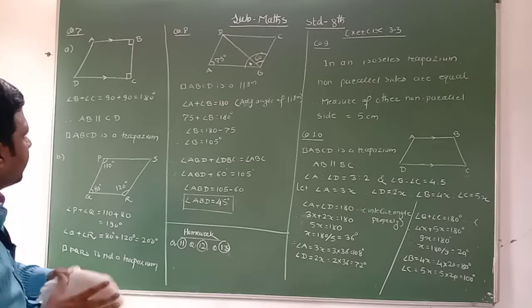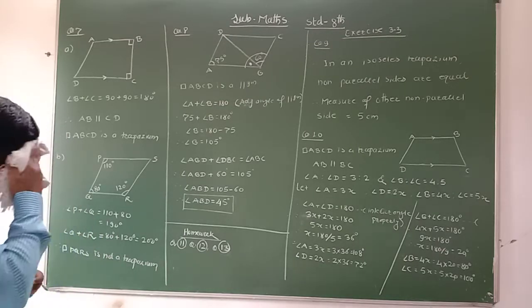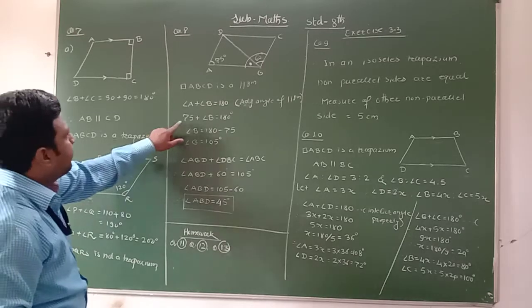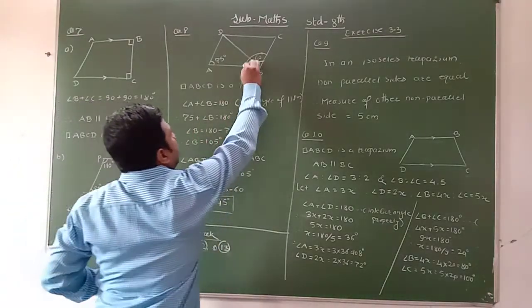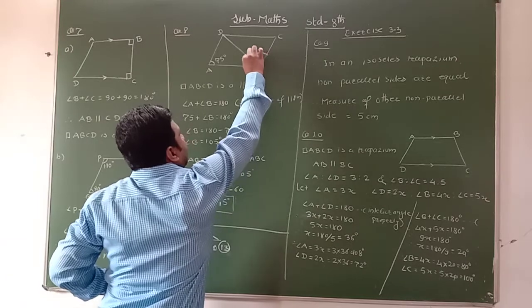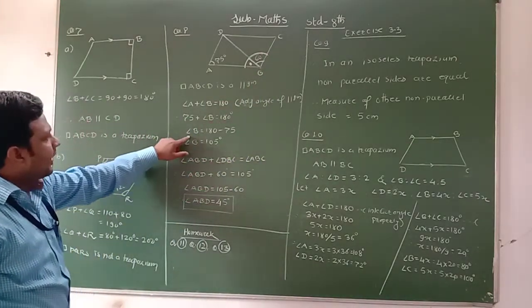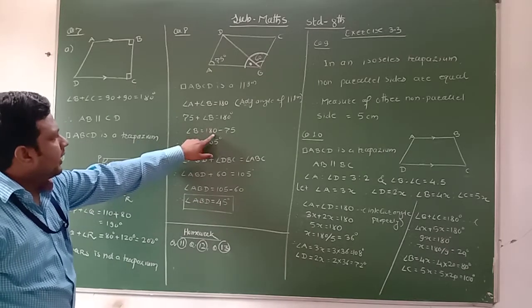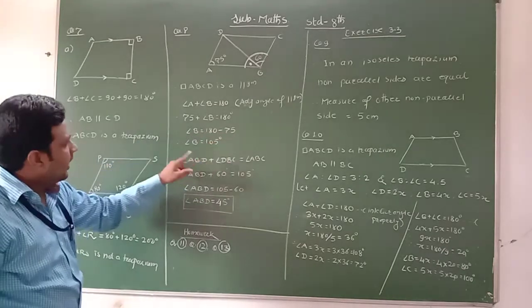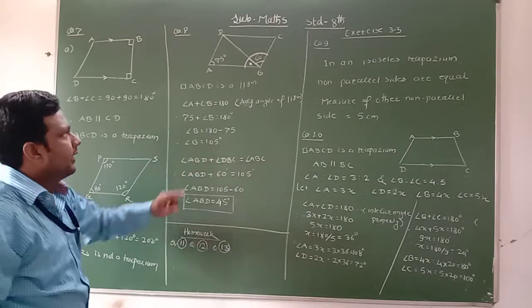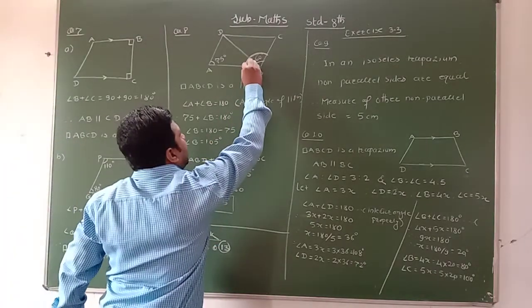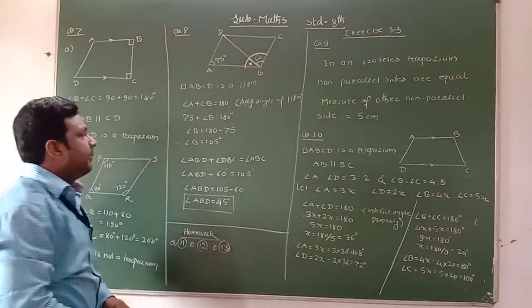Angle A is given 75 degrees. Here I write 75 degrees plus angle B, which we don't know, is equal to 180 degrees. Therefore, angle B is equal to 180 minus 75. Angle B is equal to 105 degrees.